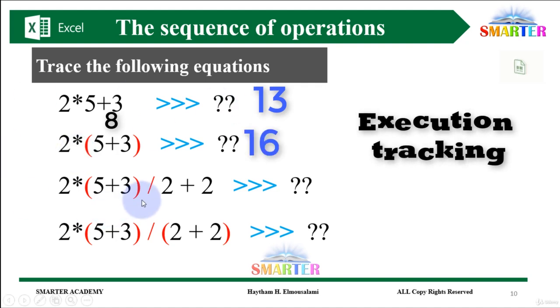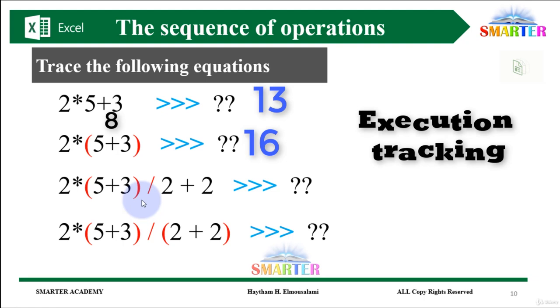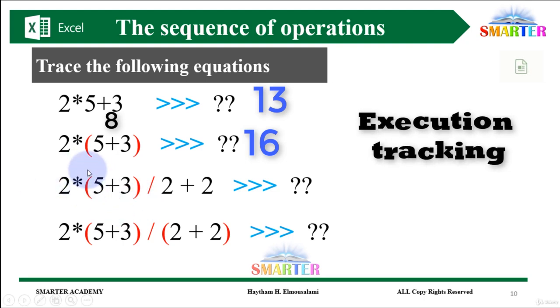In the next example, you have 2 multiplied by parentheses 5 plus 3, divided by 2, plus 2. So first priority is the parentheses. So the first operation will be 5 plus 3.